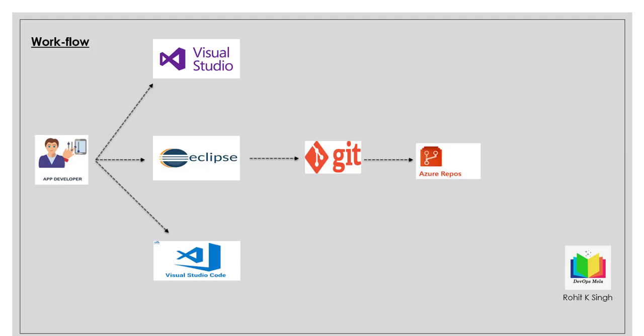Now the remote repository could be anything. In my case, I took Azure Repos. It could be GitHub, it could be GitLab, whichever they like. There's no restriction as such. Whatever the project is using, based on that they will push the changes. So: development using the IDE tool, local commit, and once the local commit is done, pushing the changes into the remote repository.